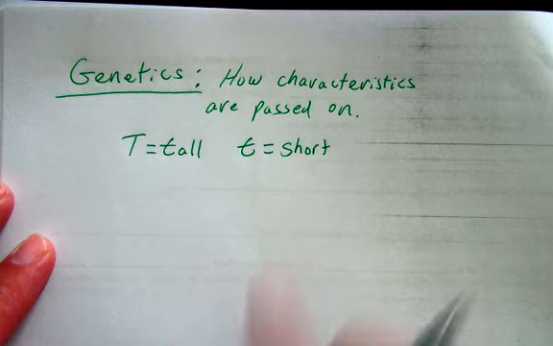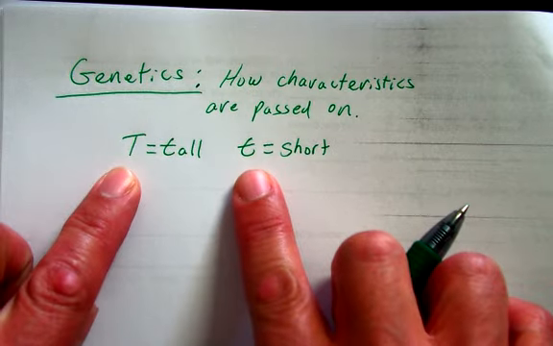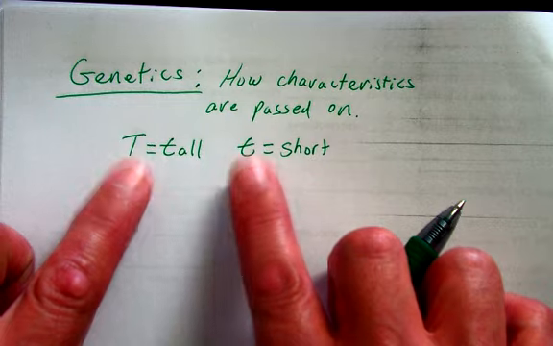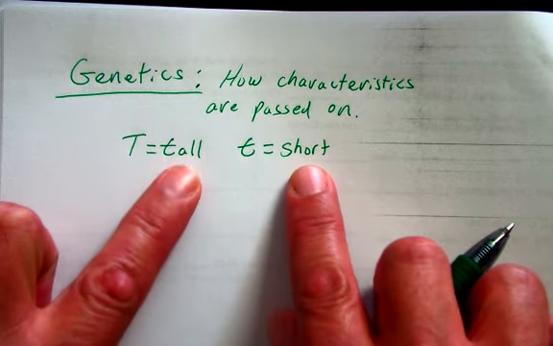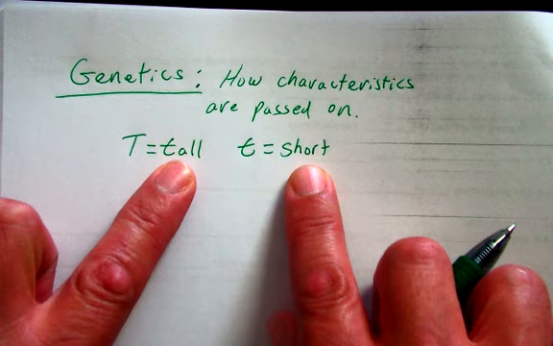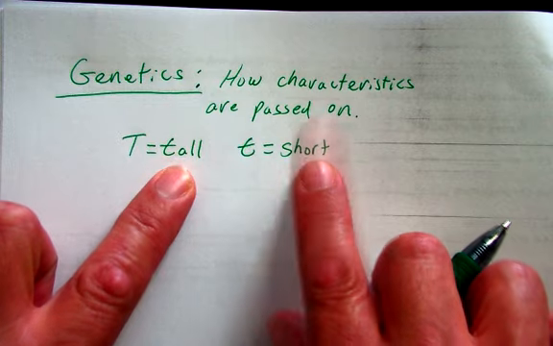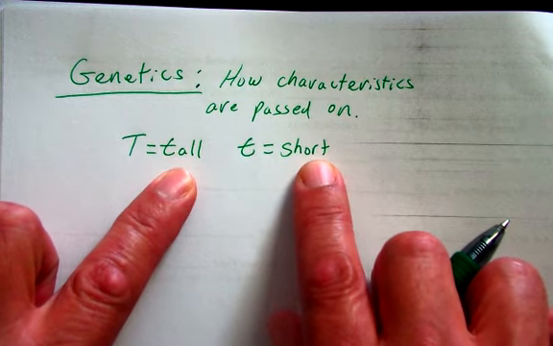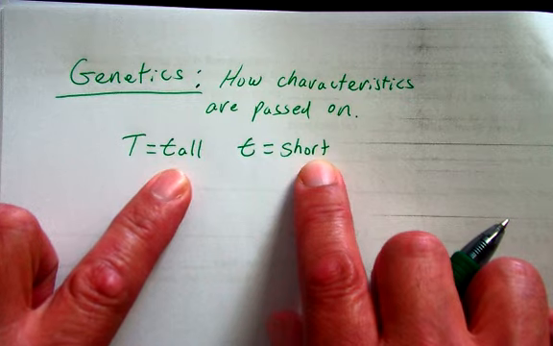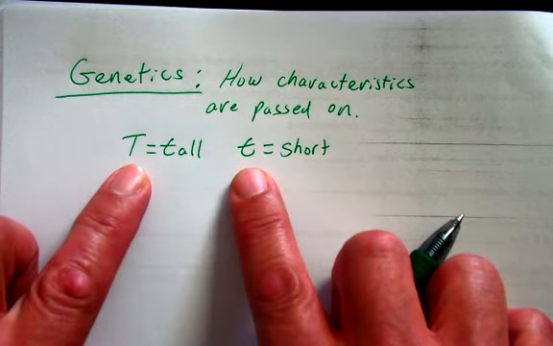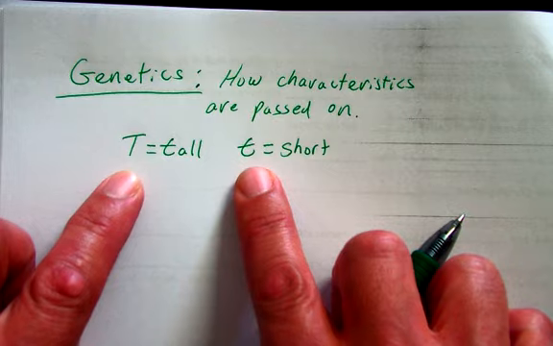I could have used any of the letters in the alphabet, but they just represent a characteristic that we're talking about. So in this case, we're talking about tall and short. It could be a plant that's tall, or a rabbit that's tall versus a short one. But just so you know, we're using these letters.